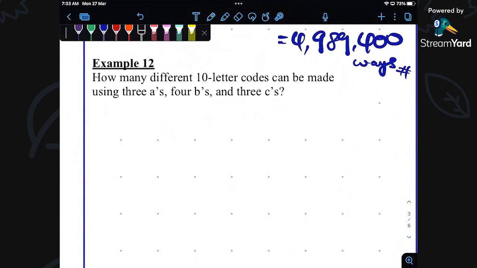Question 12: how many different 10 letter codes can be made using 3 A's, 4 B's, and 3 C's? So here we first write out the information. We have 10 letters, and then A has 3, B has 4.